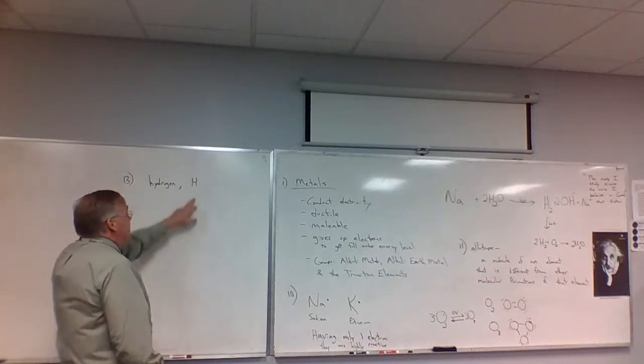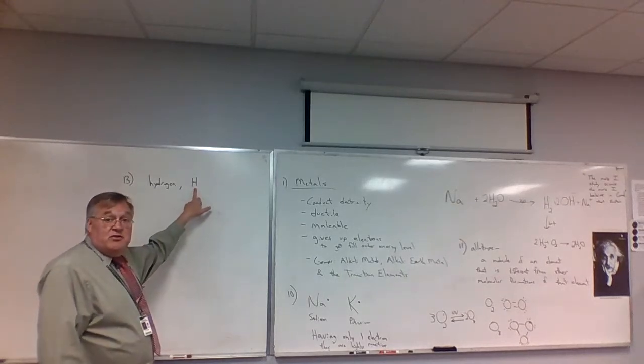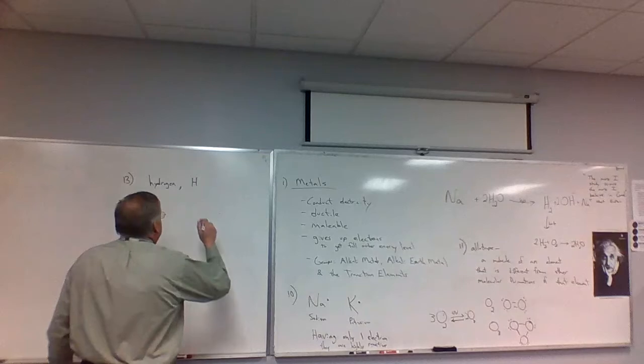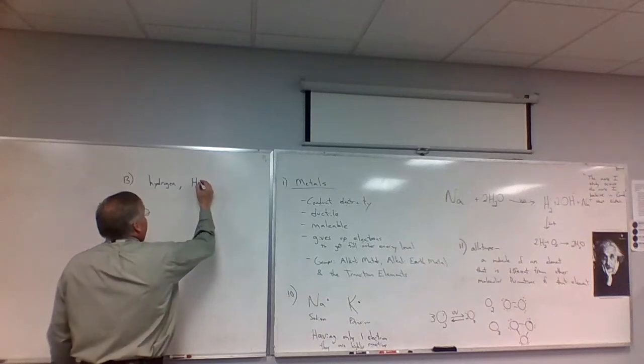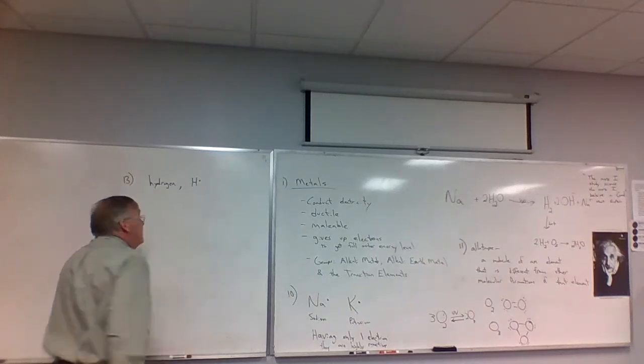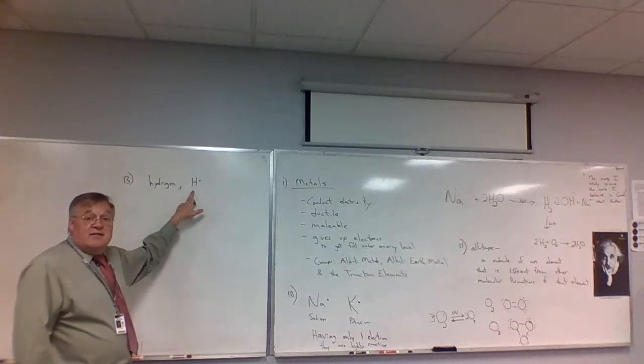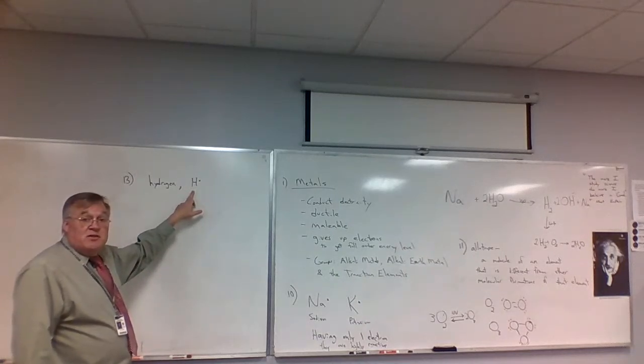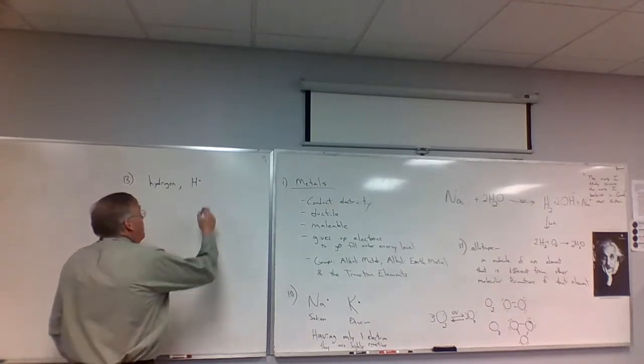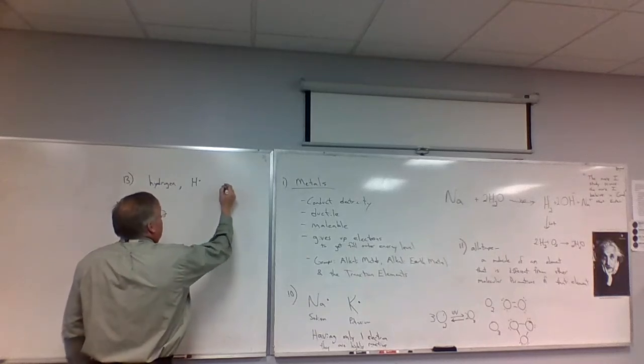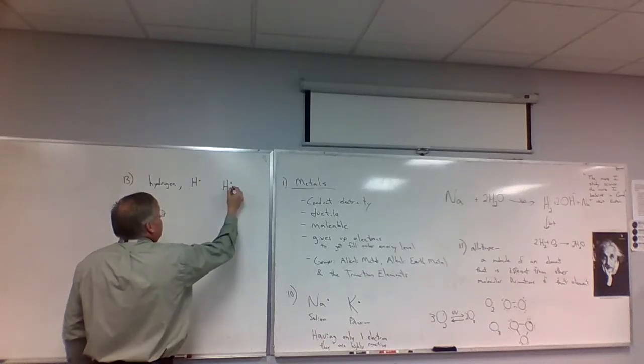It does not exist all by itself in nature. Okay? If you drew an electron diagram, it would look like that. Do you see why it does not exist in nature? Because it looks like that? It will become a diatomic molecule, where H with an electron and another electron.